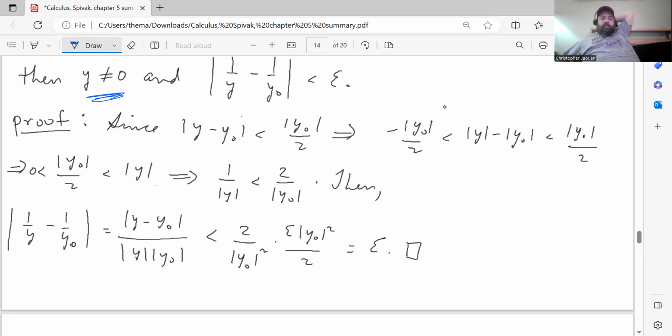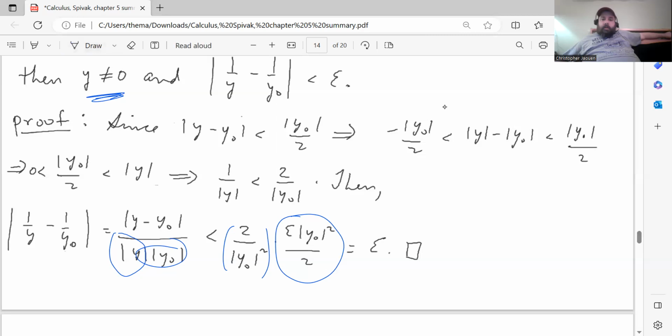The inequality switches direction. Then that means that absolute value of 1 over y minus 1 over y0 is equal to, when you simplify, absolute value y minus y0 over absolute y times absolute y0. And we know that 1 over absolute value y is less than 2 over absolute value y0 times this extra absolute value y0, which gives you the factor of 2 over absolute value y0 squared, and the absolute value of y minus y0 is less than this expression here by our assumption.